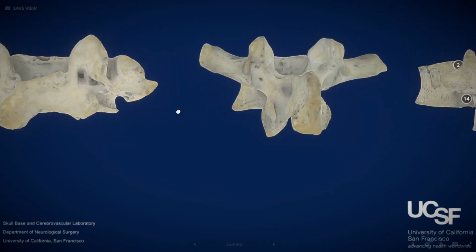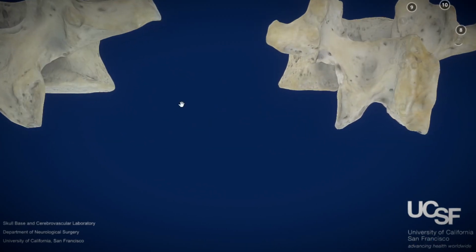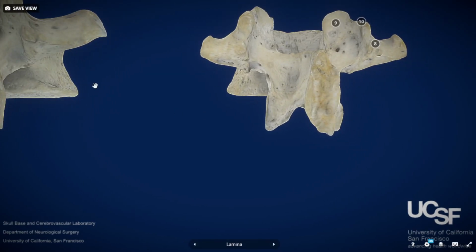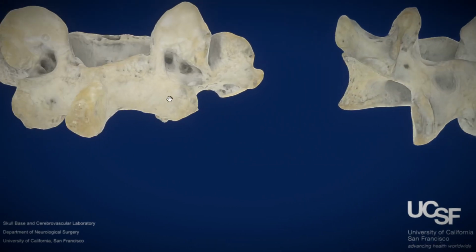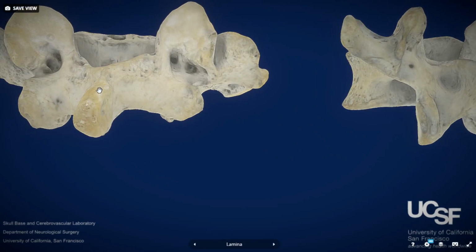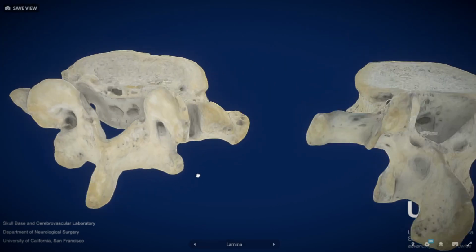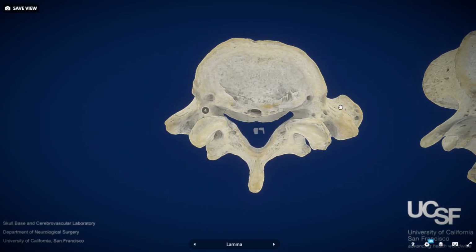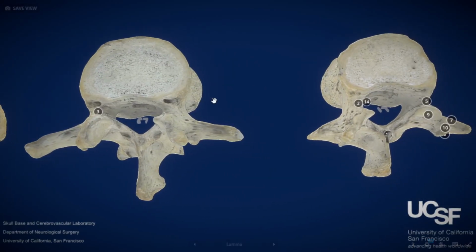We see also how this changes from a more vertical orientation to a more horizontal orientation in lower vertebrae. And from a superior perspective, we see the vertebral foramina.